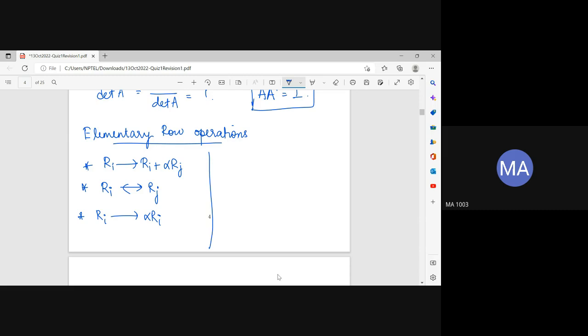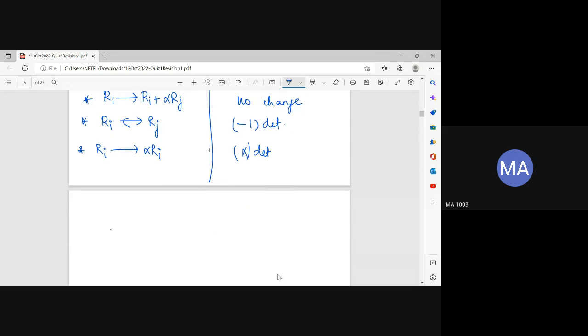What is the effect these elementary row operations have on the determinant? The first has no effect. The second changes the sign, you multiply by minus 1. And the third? The determinant gets multiplied by the scalar, alpha times the determinant.